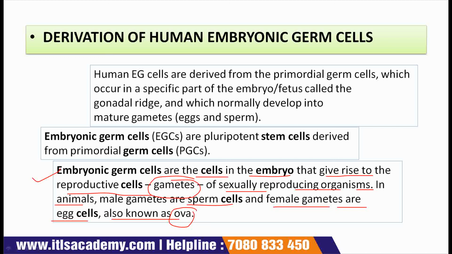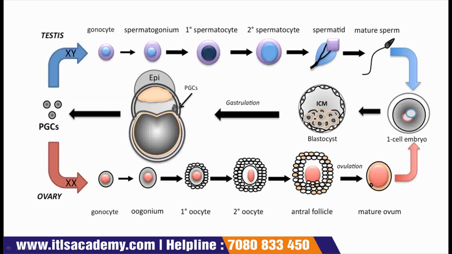In this particular slide, very basic things are discussed so that you can understand how the things are going. Here you can see this is the process that is occurring in testes, and this is the process that is occurring in ovary.